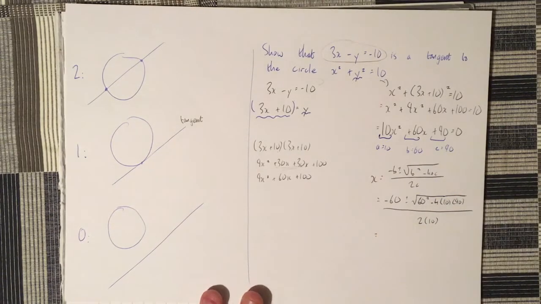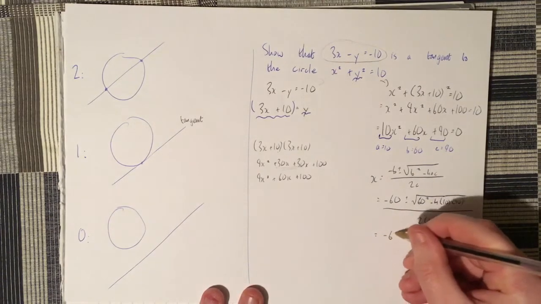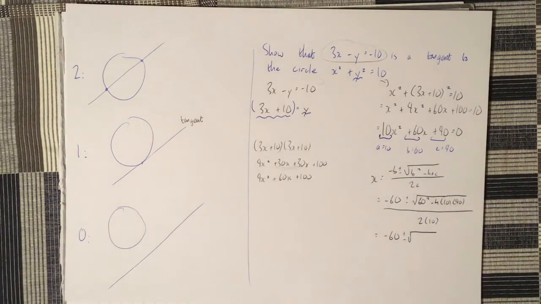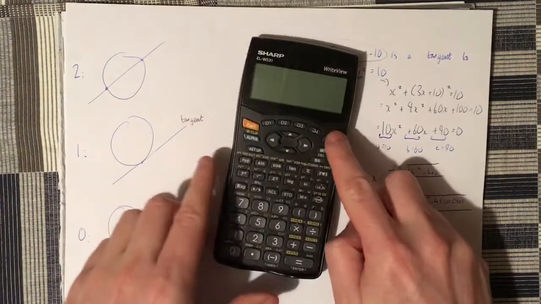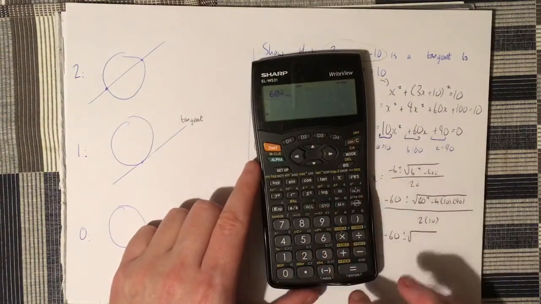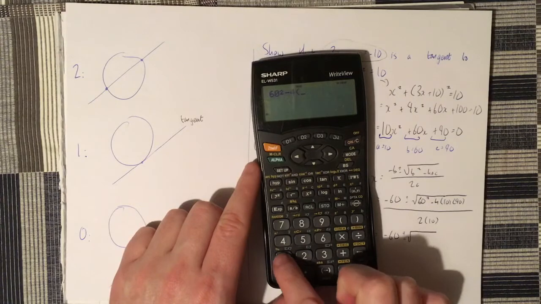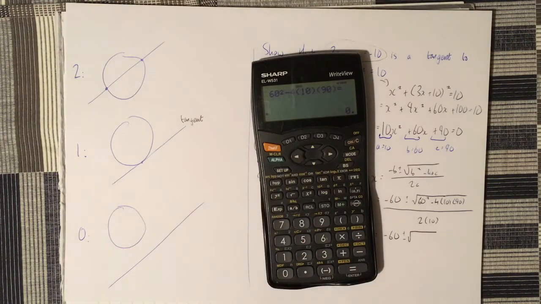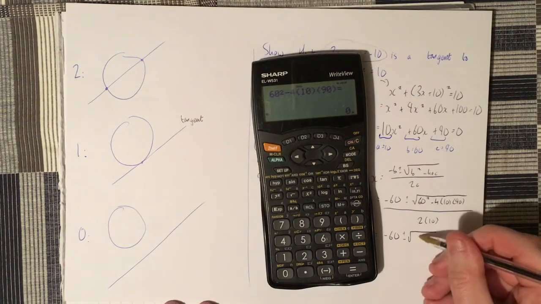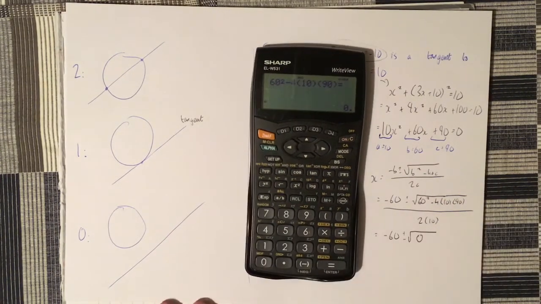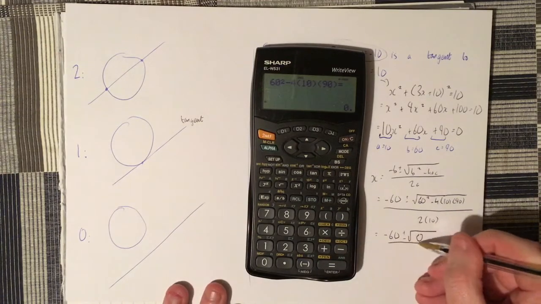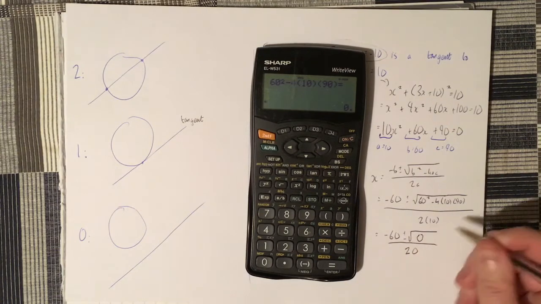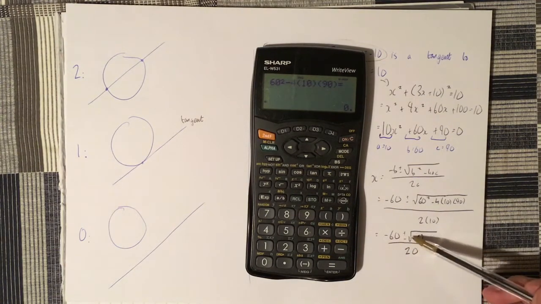Let's work this out underneath the square root. 60 squared minus 4 times 10 times 90 is equal to 0, and that's what I'm expecting in this question. So I get minus 60 plus or minus the square root of 0, over 2 times 10, which is 20.